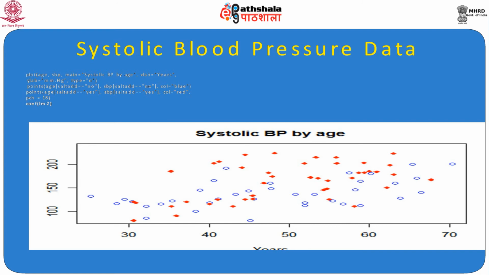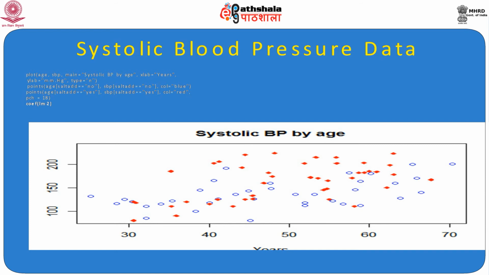This is the example. The relation between systolic blood pressure and age is obtained, but differentiated with color for salt added and salt not added. Same x-axis showing the age of these individuals in years, and y-axis showing the systolic blood pressures.